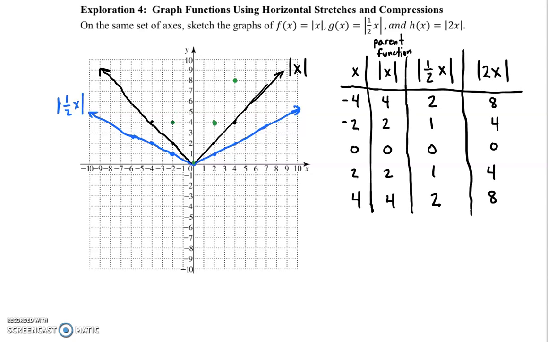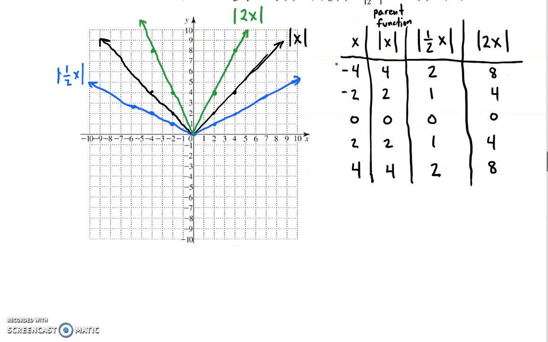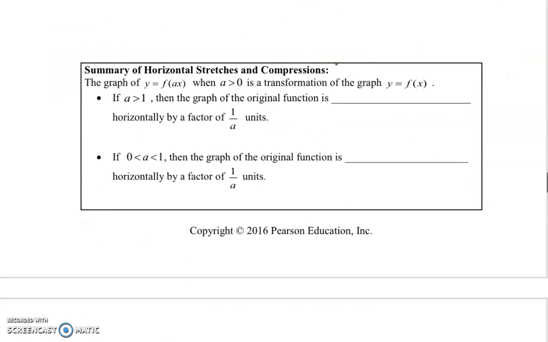So when we graph the absolute value of 2x, it gets steeper. So this one's the absolute value of 2x. Okay, so let's go formalize the rules of this one.